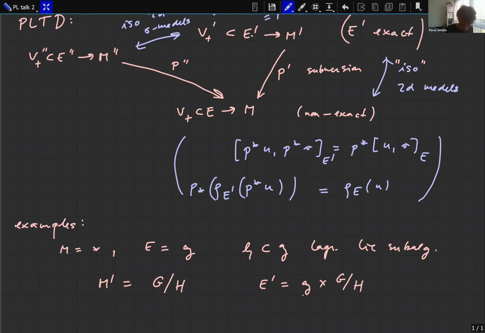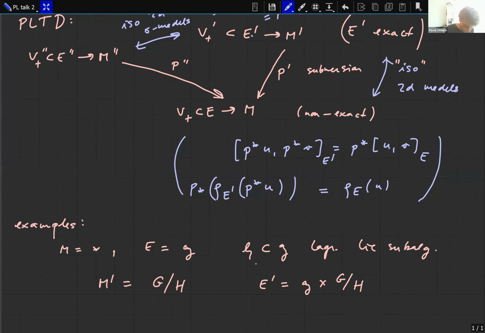Or what is it as a Courant algebroid? Well, the bracket of two constant sections is just the bracket in the Lie algebra, and the anchor map is the action of G on G mod H. So that's a nice Courant algebroid, which is exact in this case.